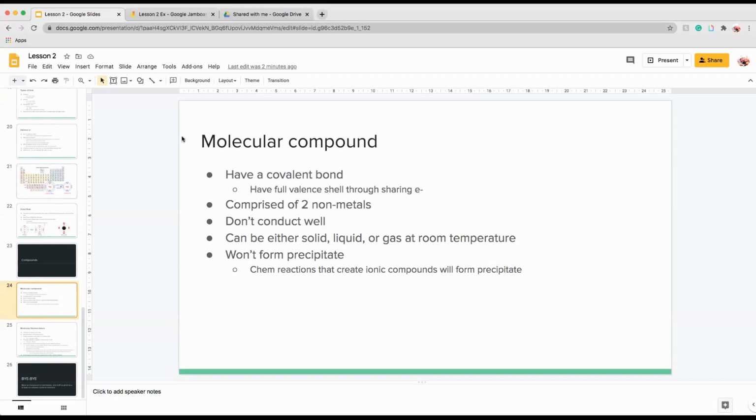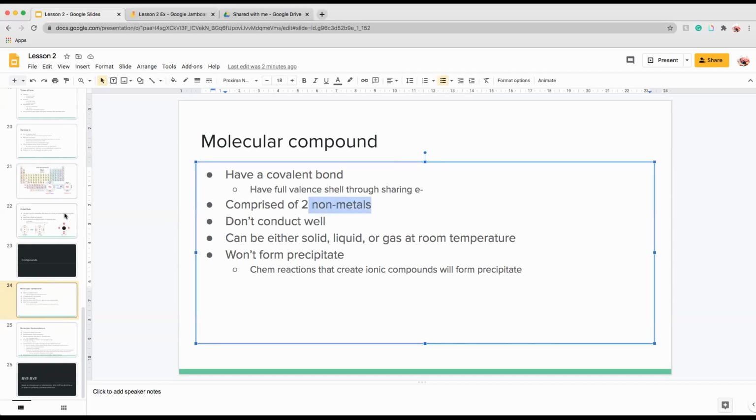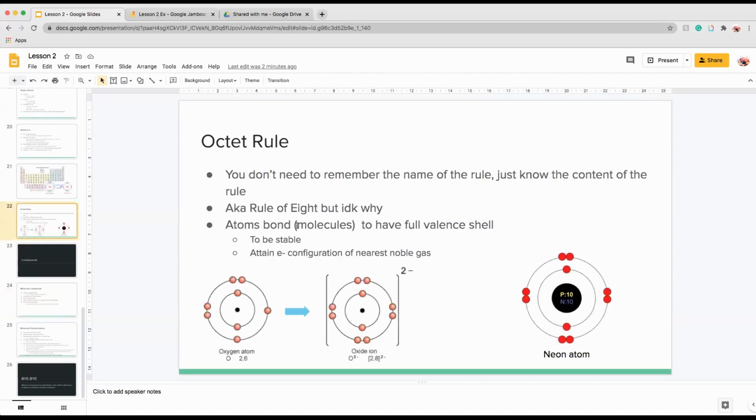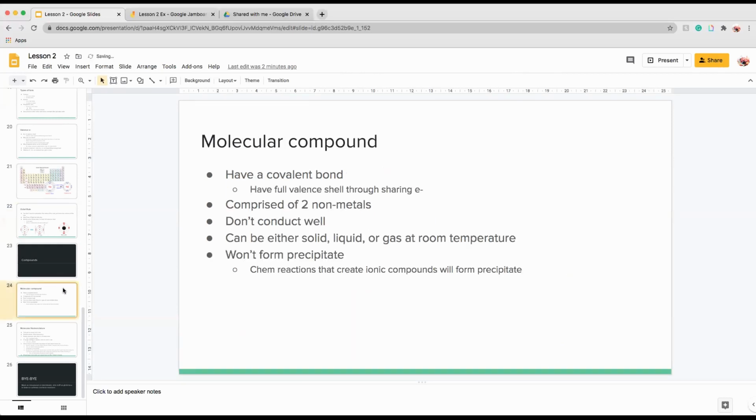It's all good. Molecular compound is when two non-metals bond together. So if you remember, I said when two atoms bond together, one gains and one loses. That's not called a molecular compound. A compound where one gains and one loses is called an ionic compound, which I will explain in the next lesson. But we are talking about a molecular compound.